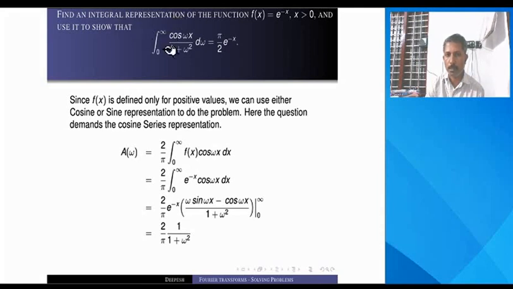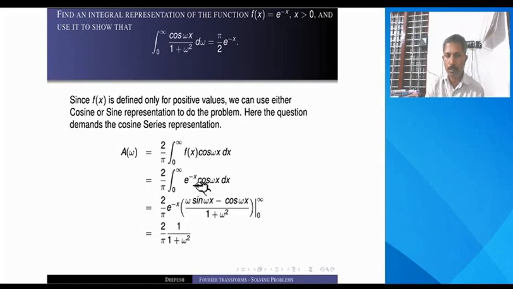But in the second part you need to have a cos function, right? So it implies that you need to use the cosine representation of the function f of x. So for that, a omega is equal to 2 by pi integral 0 to infinity f of x into cos omega x dx. And here the function is e raised to minus x, so you take e raised to minus x instead of f of x.